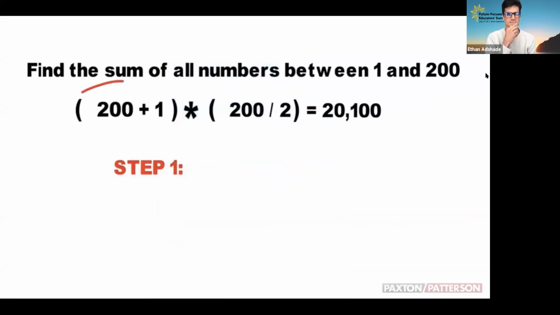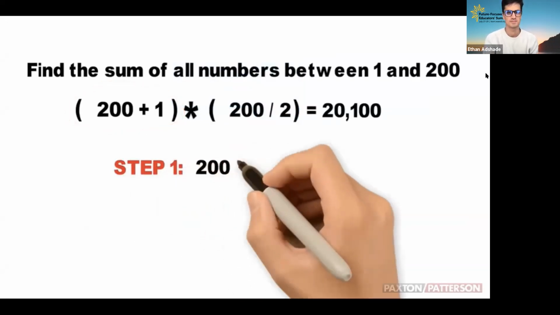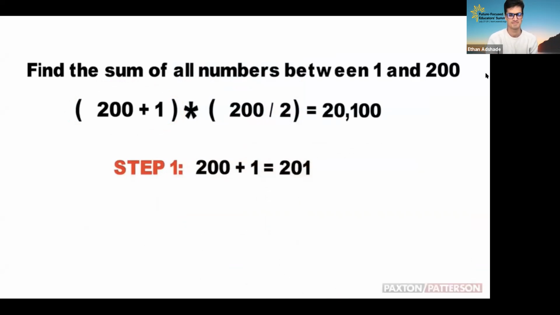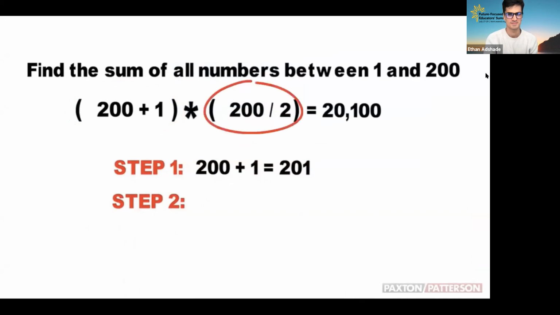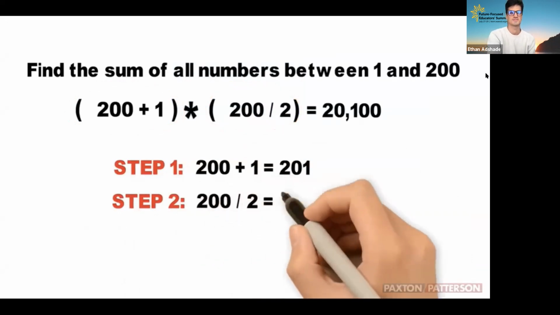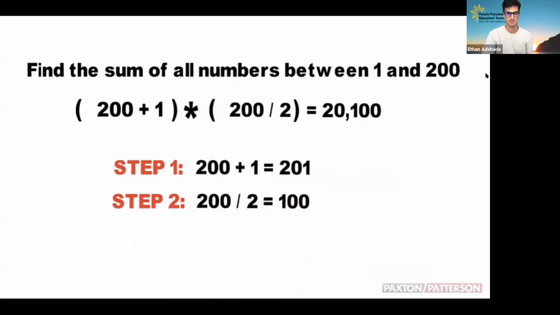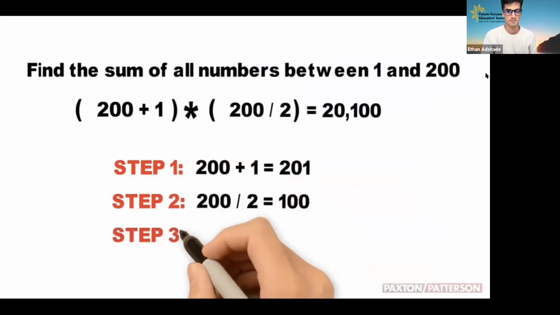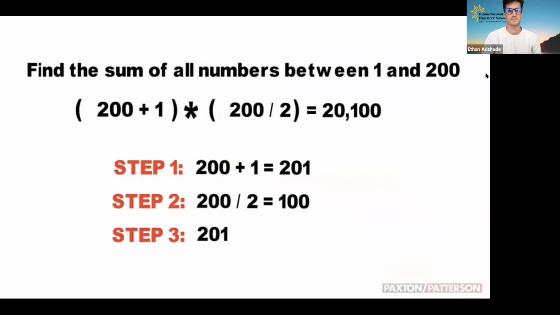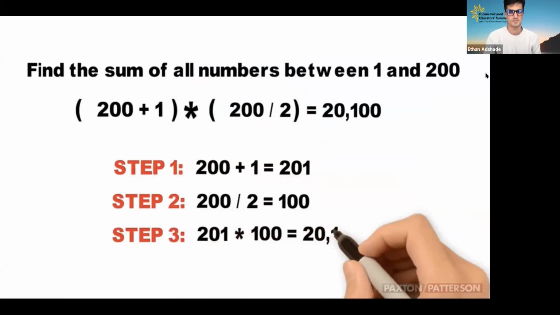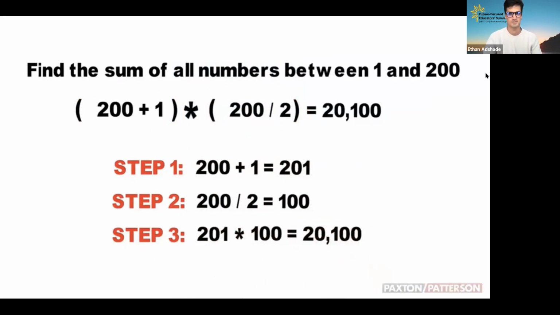Step 1, find the sum of 200 plus 1. 200 plus 1 equals 201. Step 2, find the quotient of 200 divided by 2. 200 divided by 2 equals 100. Step 3, multiply the answers from step 1 and step 2 together. 201 times 100 equals 20,100.